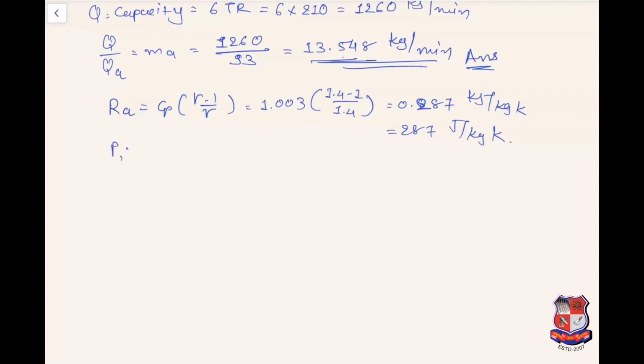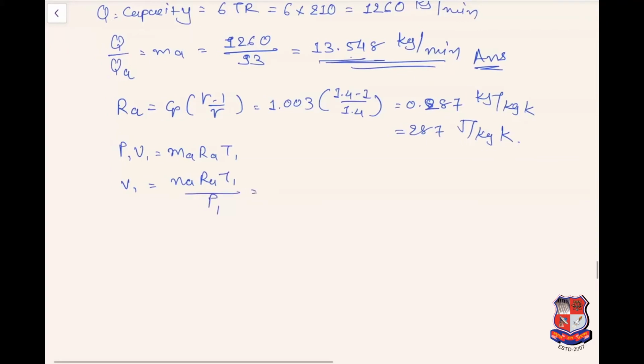So now P1 V1 is equal to MA RA T1. Now if we need to find V1, then it is MA RA T1 divided by P1.